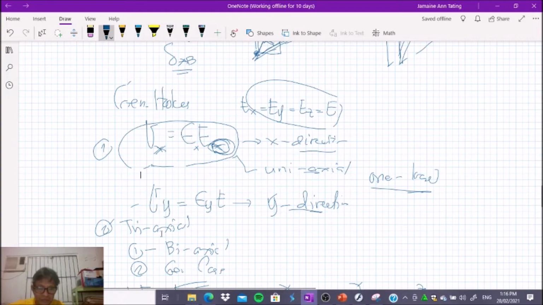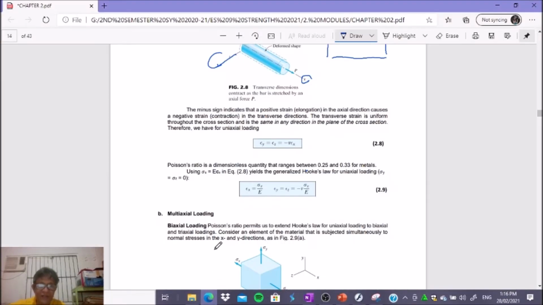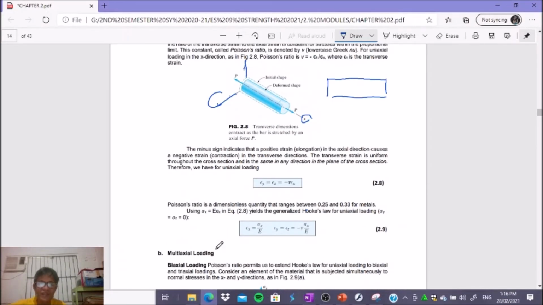So that is for uniaxial loading. Okay, that is for the uniaxial loading, and we also have this equation here.